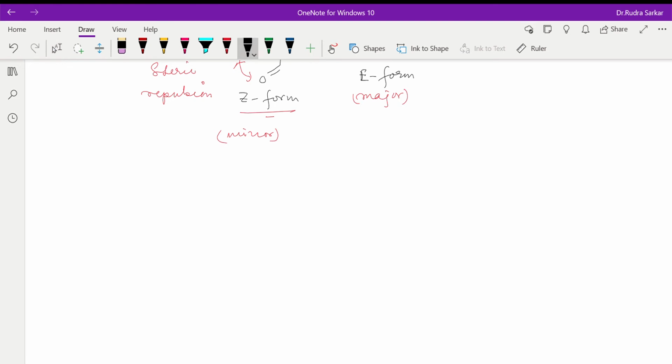Now let us consider acid catalyzed condensation of a ketone like acetone.